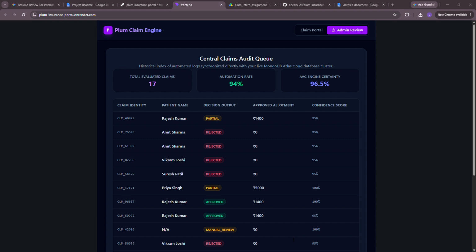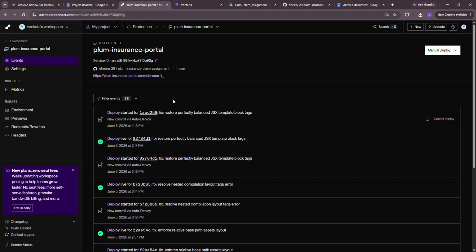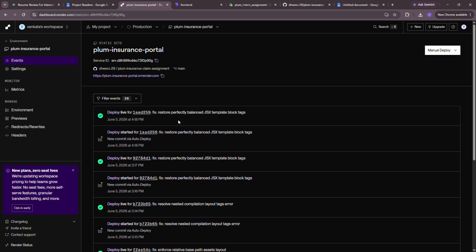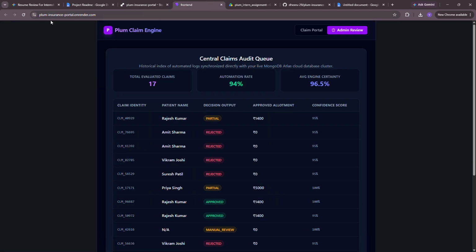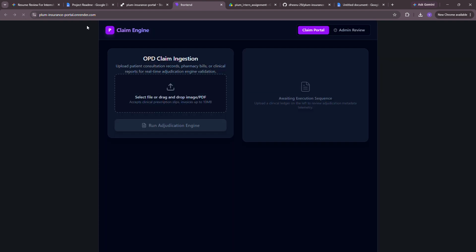After pushing it to GitHub, Render will detect this and take some time to build automatically. See, the deploy started for the GitHub push. It's taking some time. It is done. You can see the Plum has gone, and you got only the claim engine. So CI/CD has also been included.